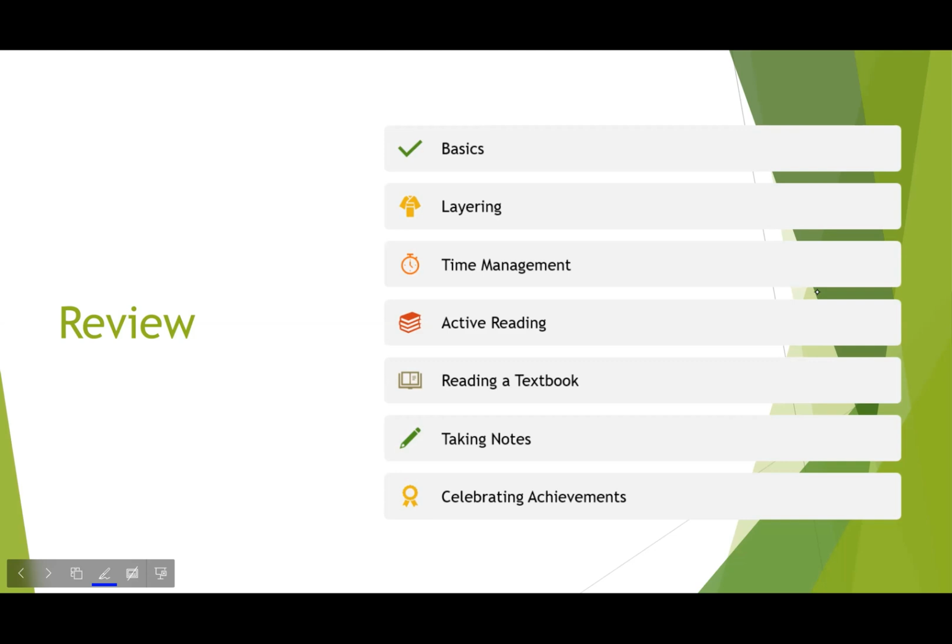You can ask questions too, like, what did the author mean by this? Reading a textbook, where we can sometimes start at the end of the chapter with those little section summaries and give our brain a preview before we really jump into the nitty-gritty of the material. Different note-taking methods that we can try, and the importance of celebrating your achievement.